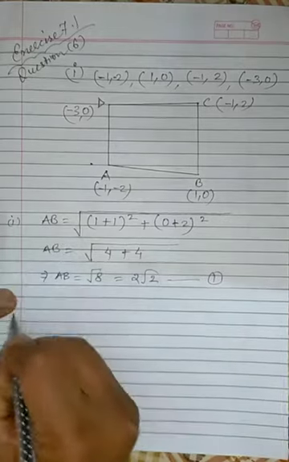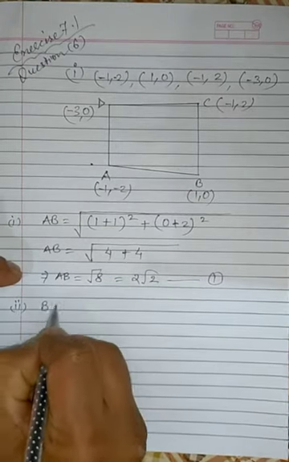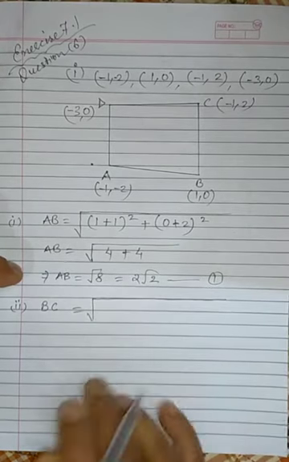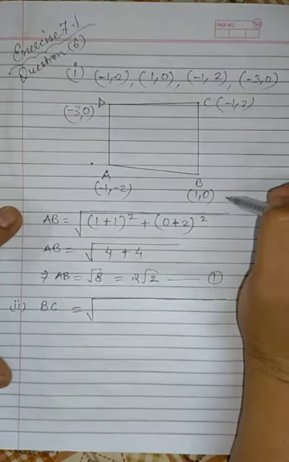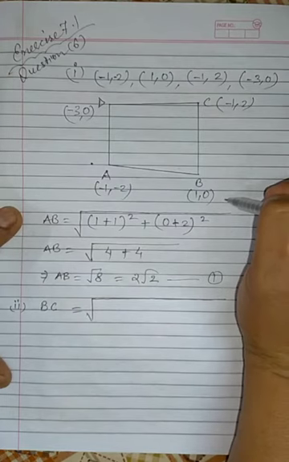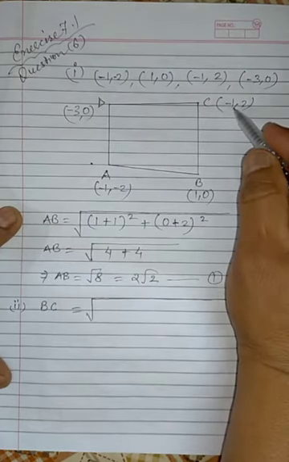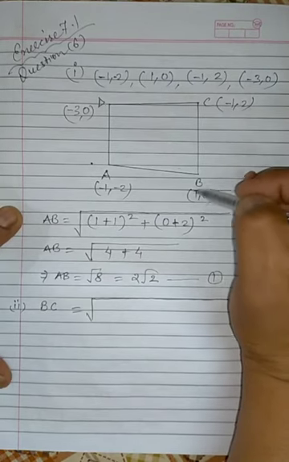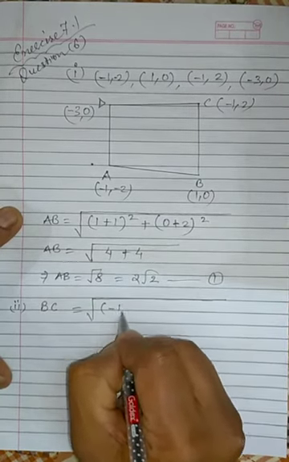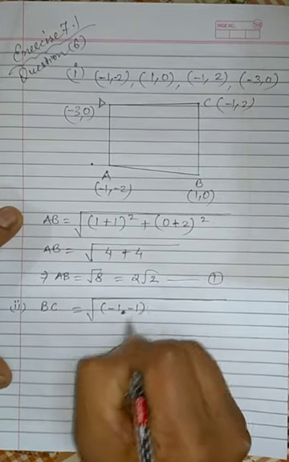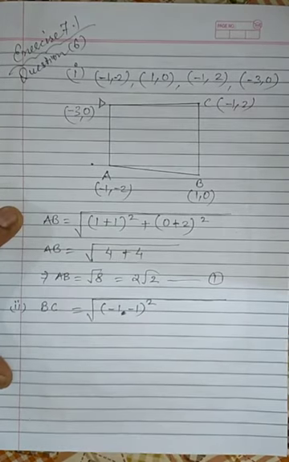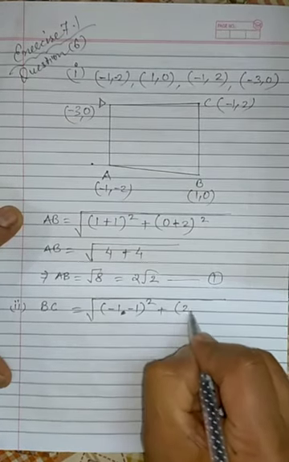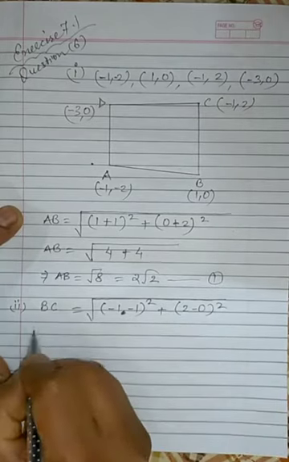Now let's find out BC. BC is equal to under root, considering this one as (x1, y1) and this one as (x2, y2), (x2 minus x1, that is -1 minus 1) whole square, plus (y2 minus y1, 2 minus 0) whole square.